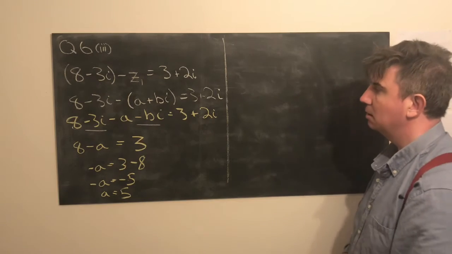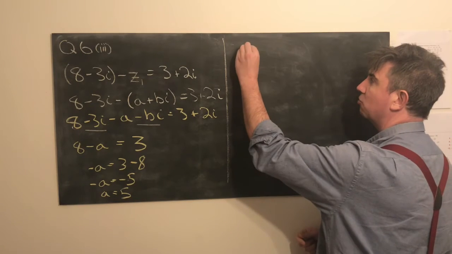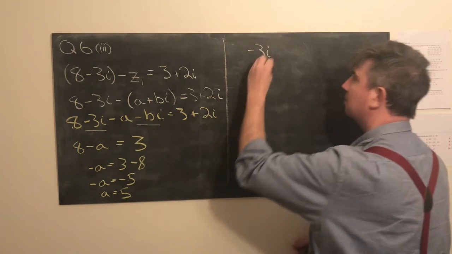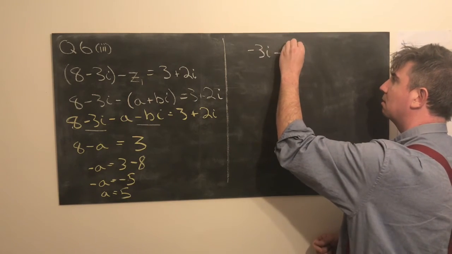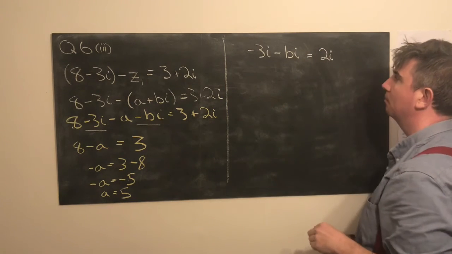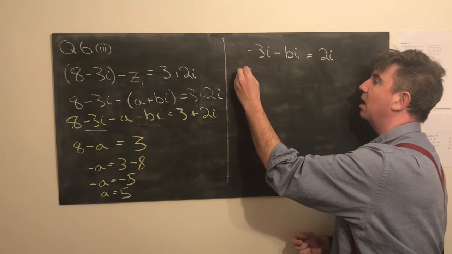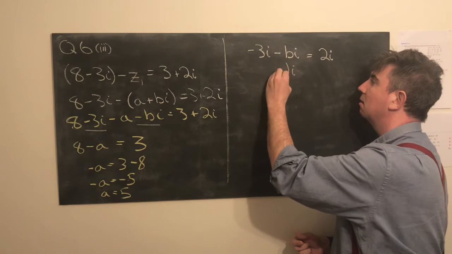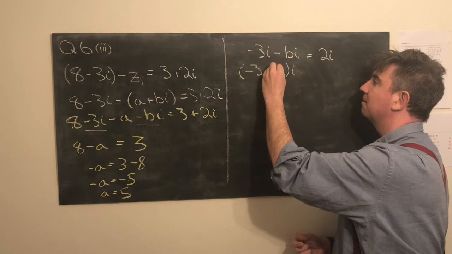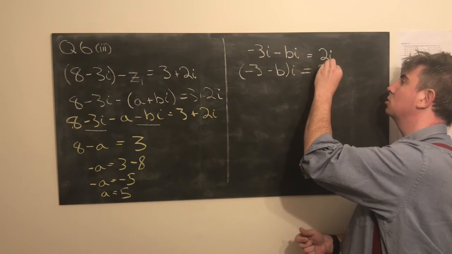So I've worked out what a is. That's quite nice. Now let's take a look at the imaginary parts to work out what b is. So I have minus 3i, and I take away bi, and that must equal 2i. So I think I did this before. I'm going to factorize out the i's. So I have i times minus 3 minus b equals 2i.